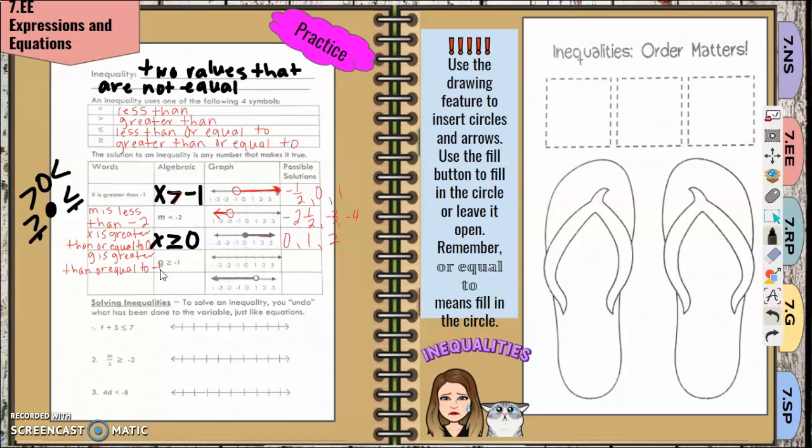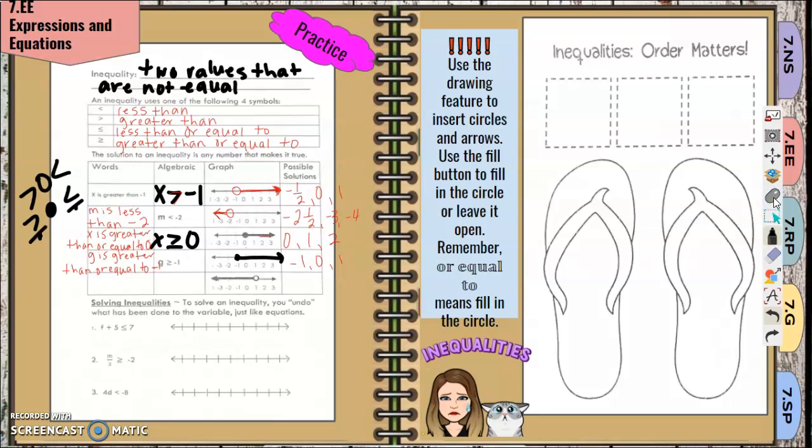It's going to be a closed circle on negative 1. And I'm shading everything to the right. G is greater than or equal to negative 1. So my possible solutions are negative 1, 0, and 1.